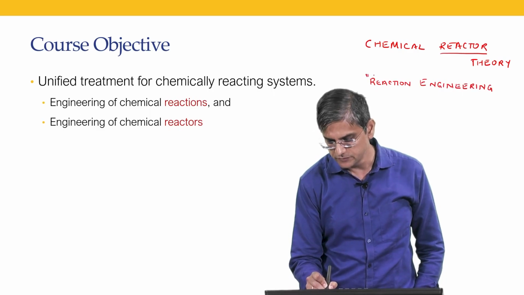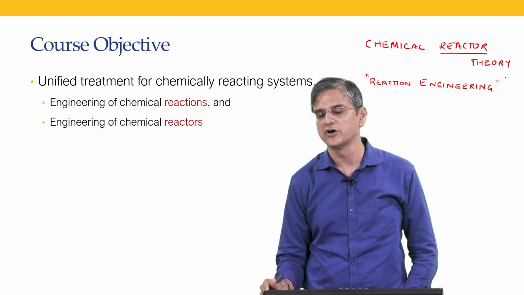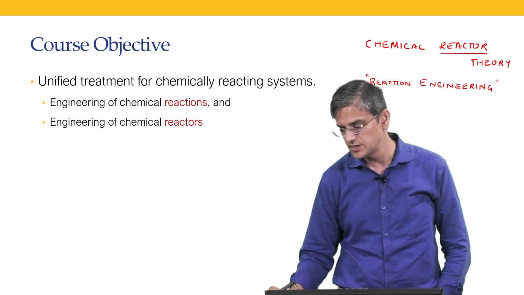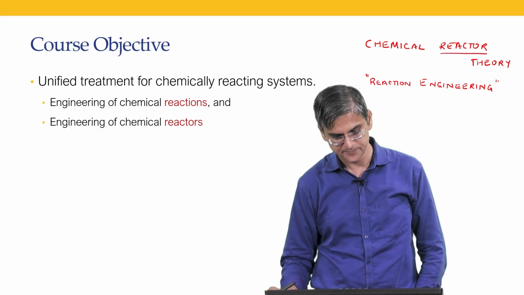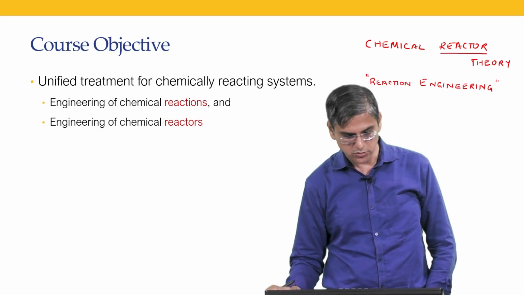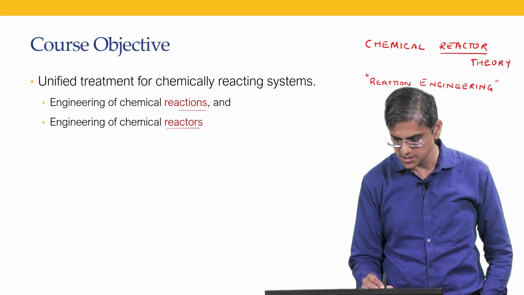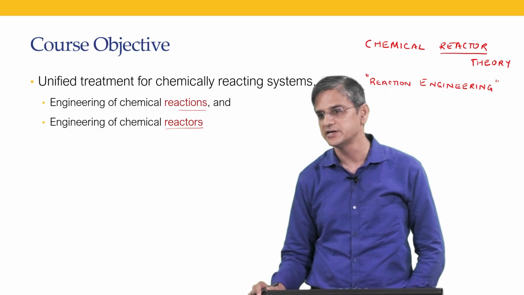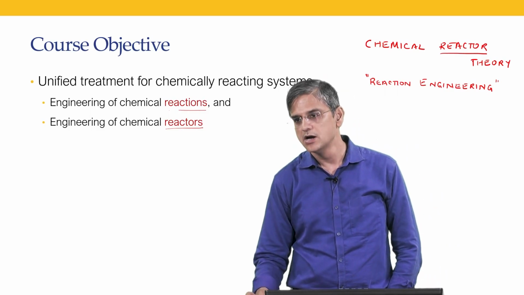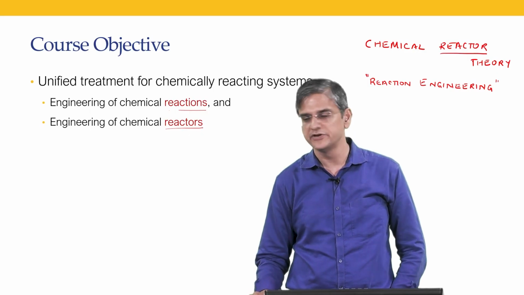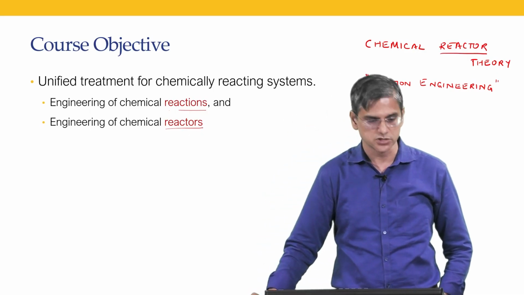And often in a lot of other universities, this would be a postgraduate level chemical reaction engineering course, okay. So, in this course we are interested in engineering of chemical reactions and engineering of chemical reactors, okay. So, that is really going to be very broadly what we are going to focus on.